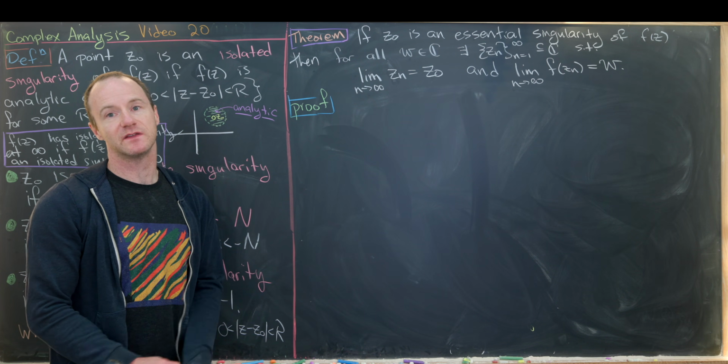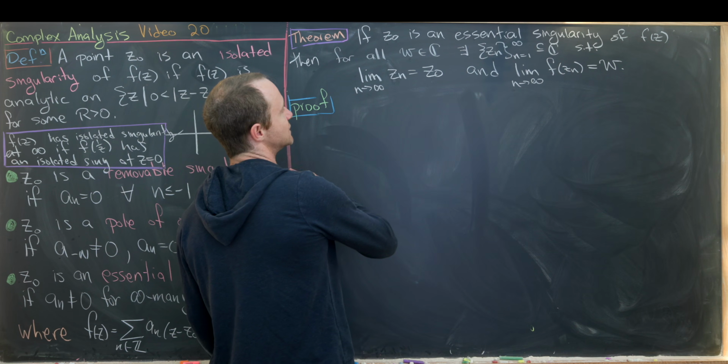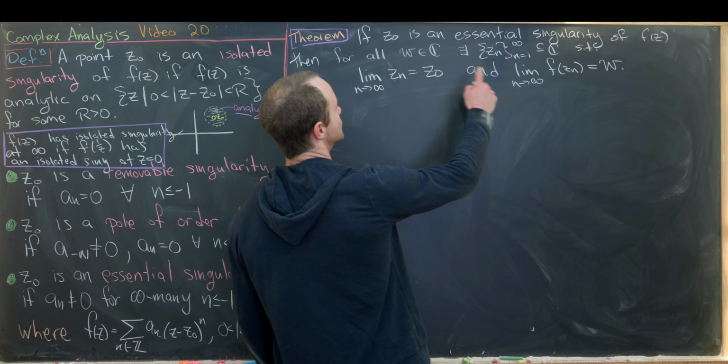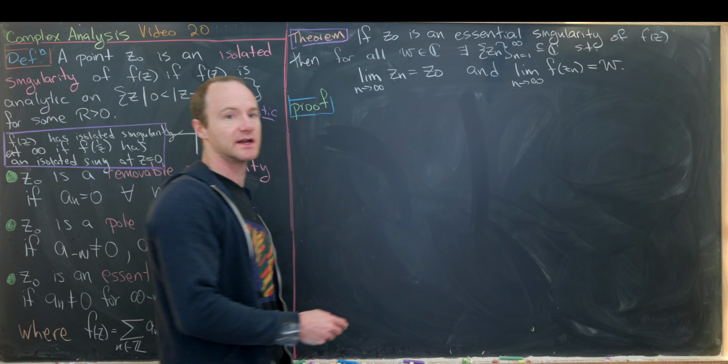This is maybe the standard proof, which is given by a contrapositive. And so that means we want to assume that the conclusion is not true and then prove that the hypothesis is not true.